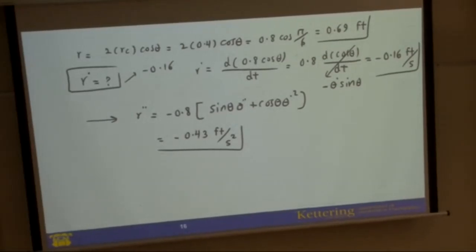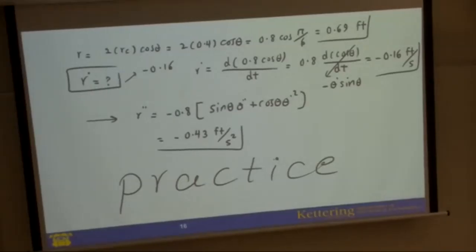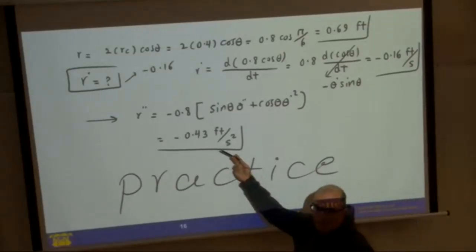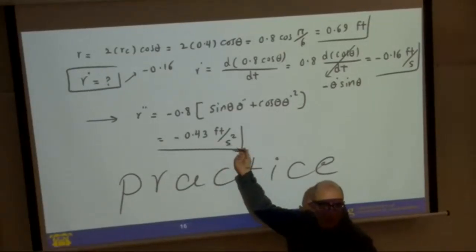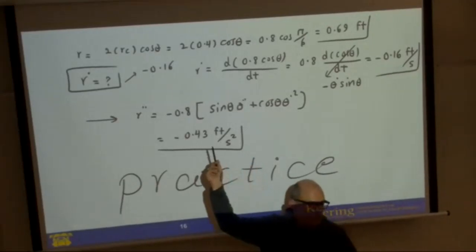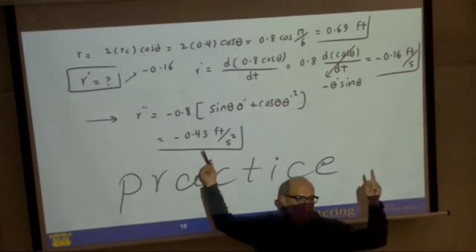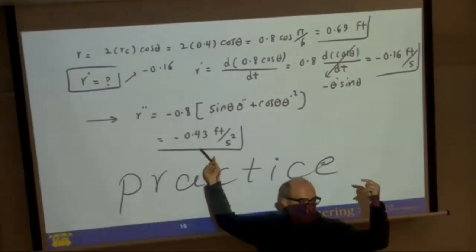Now, please practice this one at home. All of you, practice this one at home. Why? For example, if you cannot find this one correct, there's a 1 point minus at least.